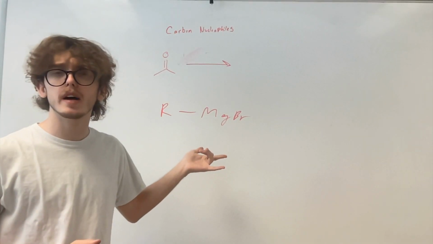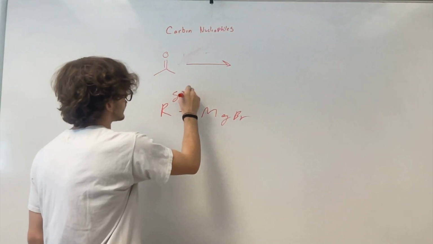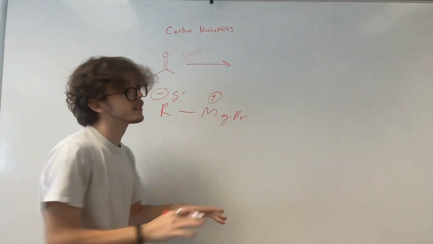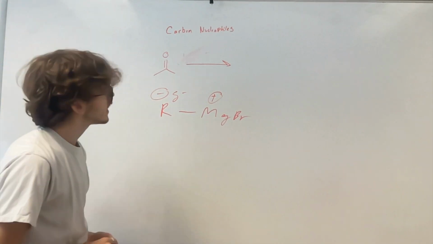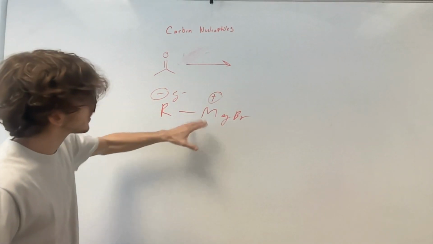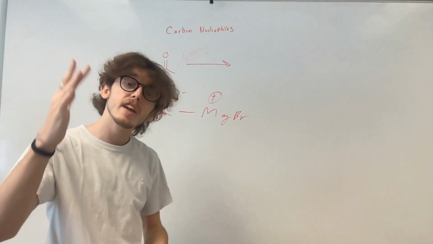It's a covalent bond, but it's so close to ionic, we could basically consider this a full negative charge and this a full positive charge. Basically, it's just under the threshold by a little bit. Right, it's feeling negative. So treat the R group directly off of the magnesium as being a negative charge, aka a nucleophile.